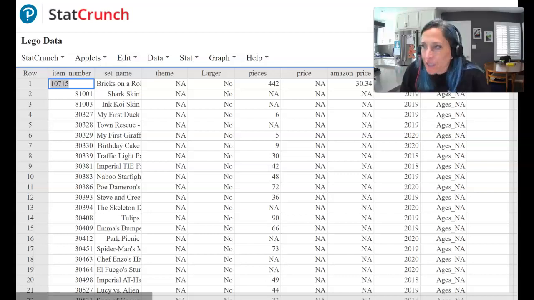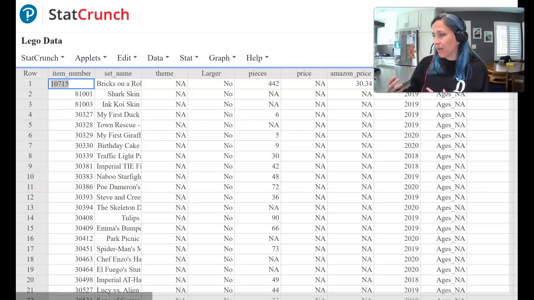All right, so let's return to our Lego data for one more ANOVA example, especially if you decide that you want to explore something in this realm for your final project. So ANOVA, again, we're looking at a numeric variable from multiple populations, right? So you might think of this as just a numeric variable versus a categorical variable where we have more than two categories.